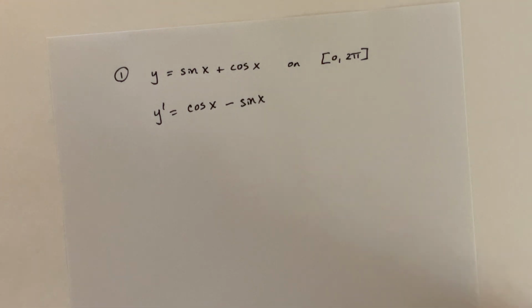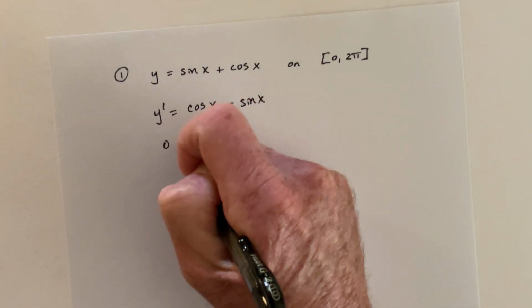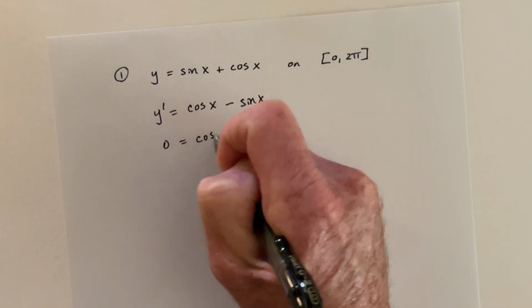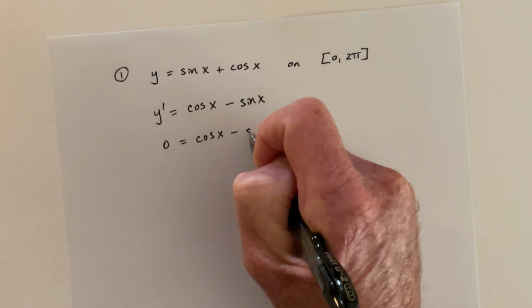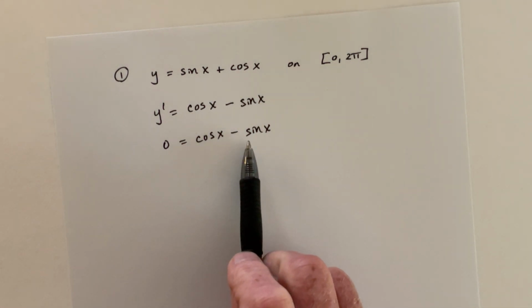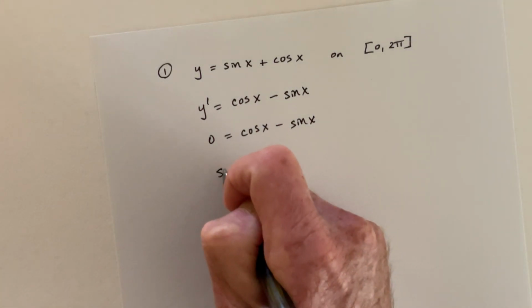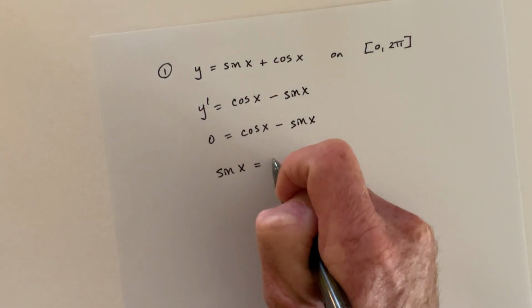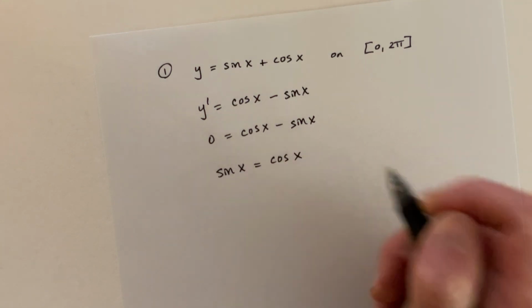And then set this equal to 0. And then the next thing that I will do is take this sine and move it to the other side, so that it's going to say sine x equals cosine x.